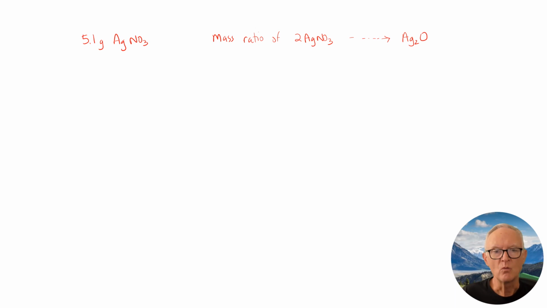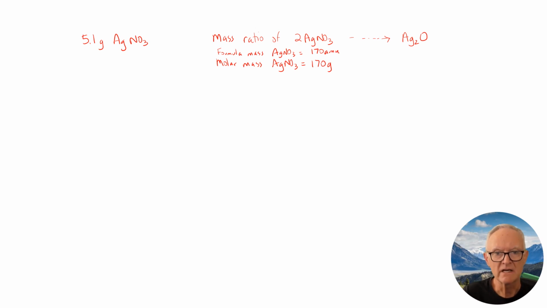So we need to figure out the masses of each and the ratio between the 2 masses. We know that the molar mass of silver nitrate is 170 grams. Maybe we should take it a step back and say our formula mass of silver nitrate is 170 atomic mass units.